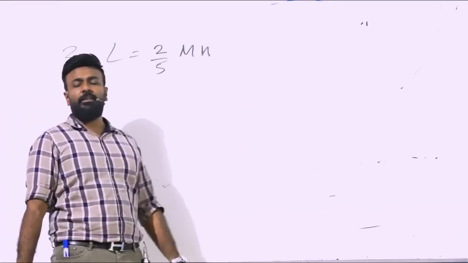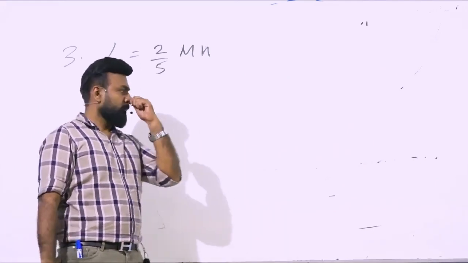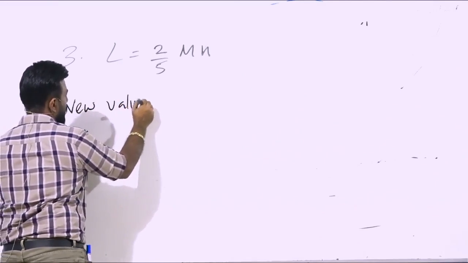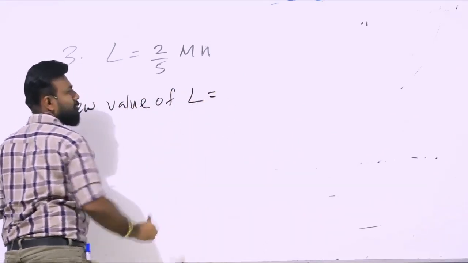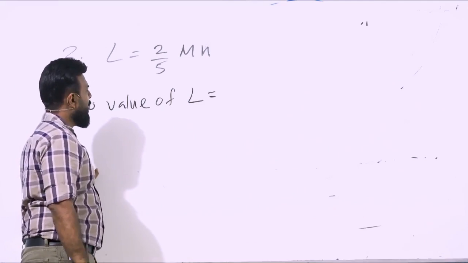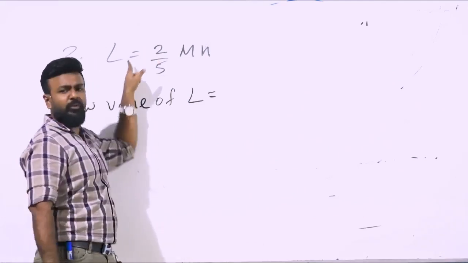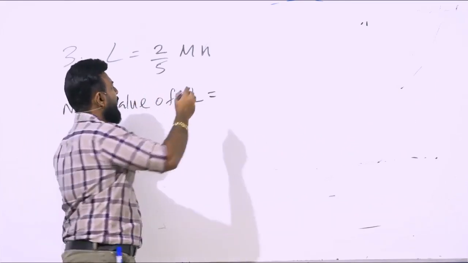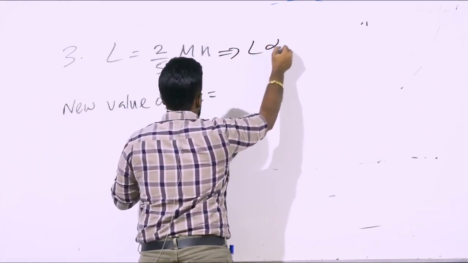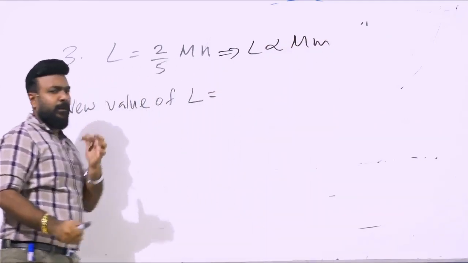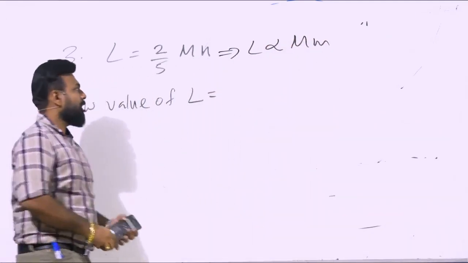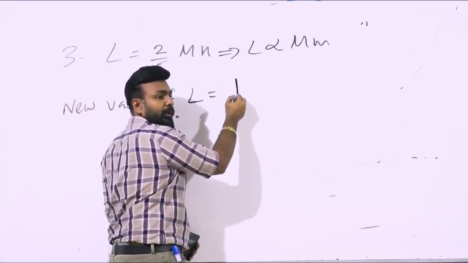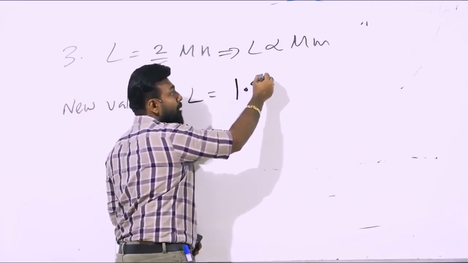Okay, now listen. Again, the new value of L. Do you have to bother about this 2/5? No, that's a constant, not important. L is proportional to Mn, that's all. Now, m increased by 40%, tell me the new value. 1.4 m.